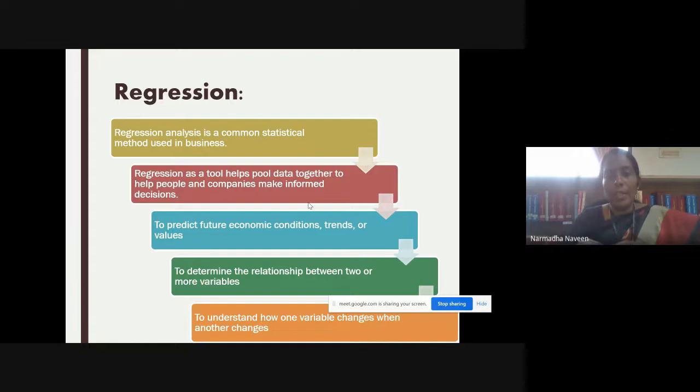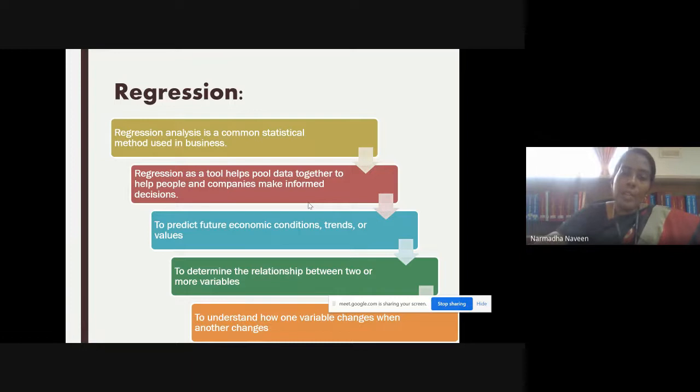Be it an educational institution, say for example, if you would like to know the CGPA or the percentile of the marks that will be secured by a student based upon different features, such as how many hours he has spent in studying, how many hours he has spent in practical coding.